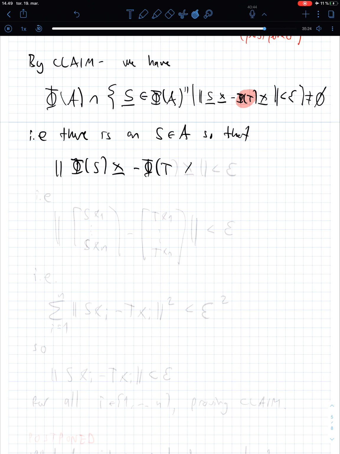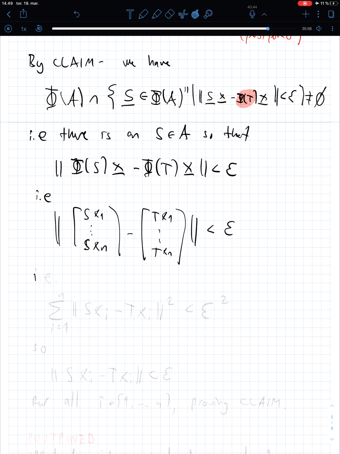What does that mean? It means that, let's just think of this as a vector, right? So this is Sx1 down to xn minus tx1 down to txn. This norm is less than epsilon.